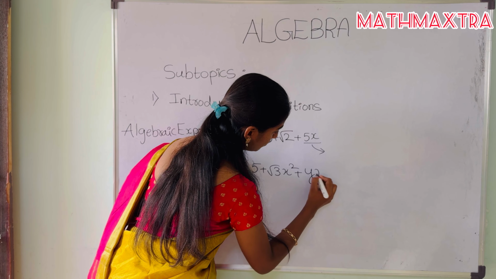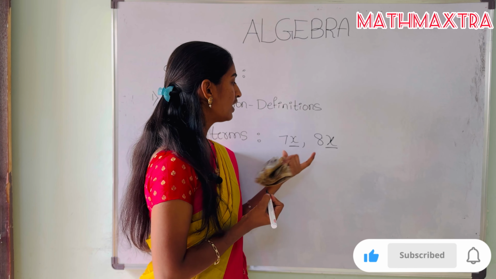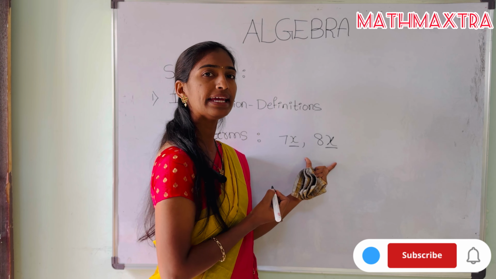If the two terms have the same literal coefficient, as we have seen, if the coefficient is a variable, then we call that a literal coefficient. See, 7x, 8x: yes, it is the literal coefficient. So these two terms have the same literal coefficient and just differ by a constant, the numerical coefficient. That is why we call these two terms like terms.